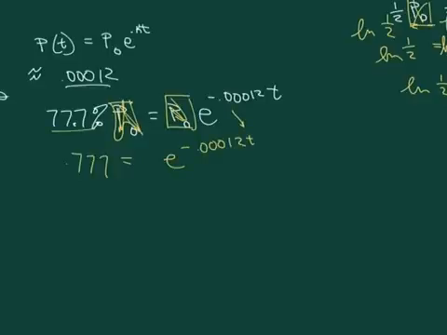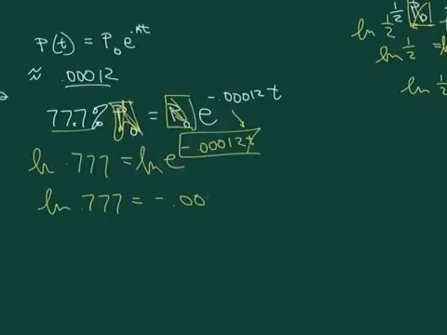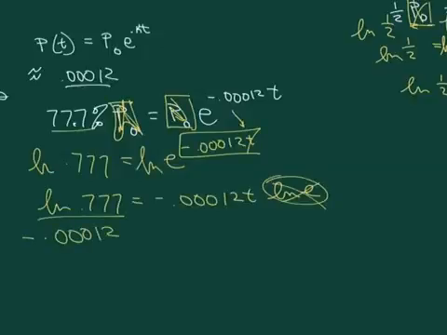Because we're looking for this, we're going to take the logarithm of both sides. So ln of 0.777 equals, this whole thing goes in the front. This equals 1, so it can go away. Divide by negative 0.00012. That whole thing goes away, and we get our t.